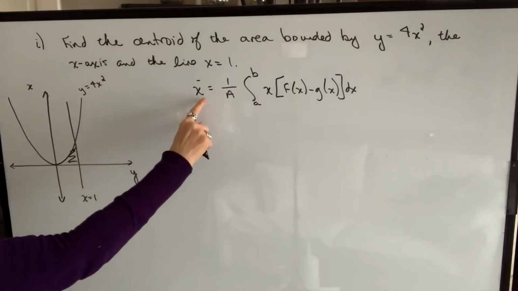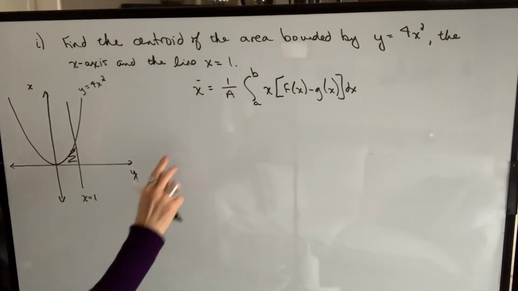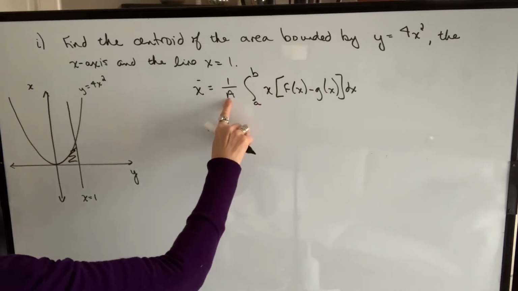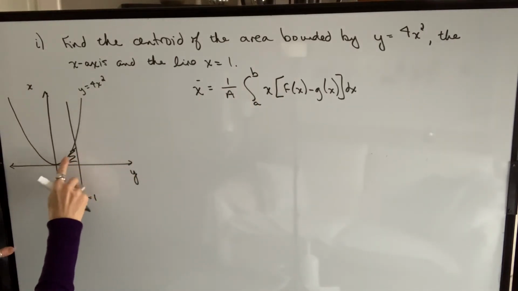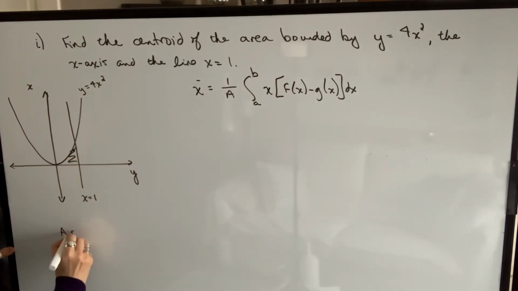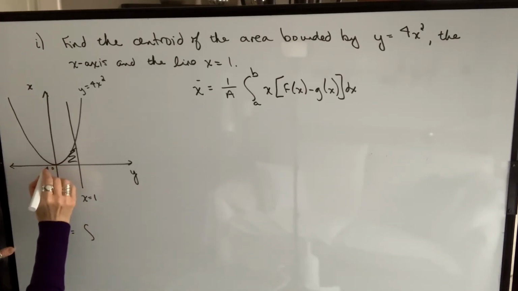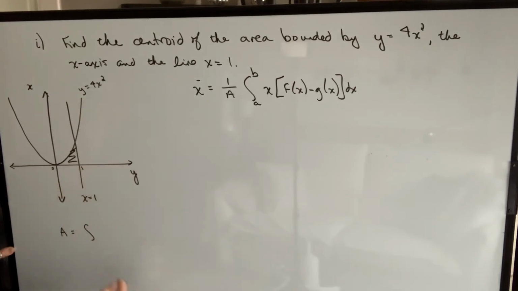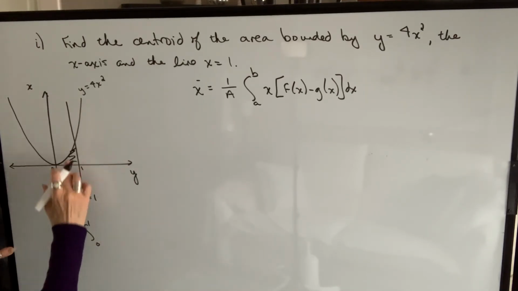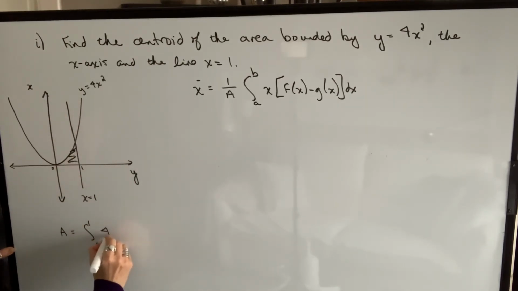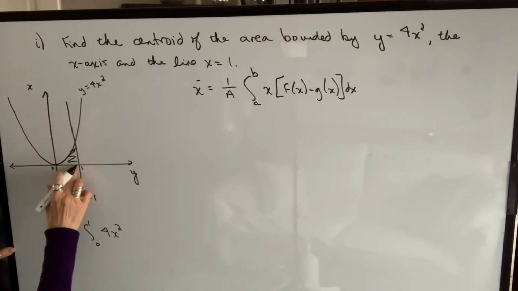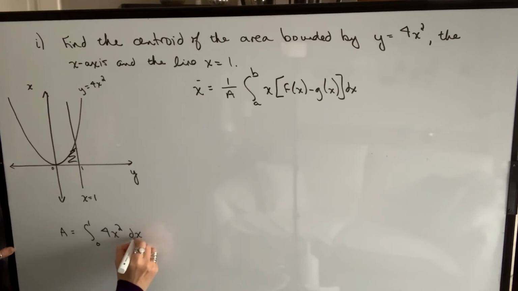I'm going to find my x-coordinate first, but before I actually find that, I'm going to find the area first. So let's find the area of this. We already know how to do that through integration. It's going to be the integral from, in this case, a is 0, b is 1. So from 0 to 1. The top curve, which is 4x squared, minus the bottom curve, which is just y equals 0, dx.